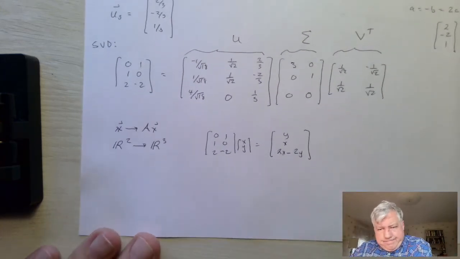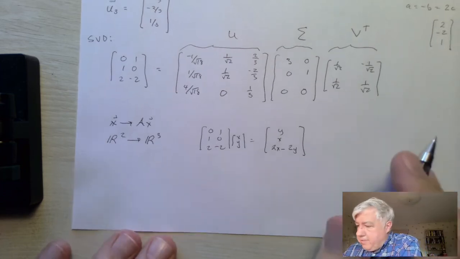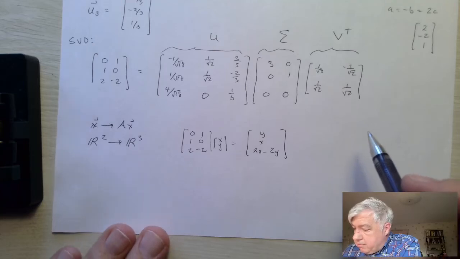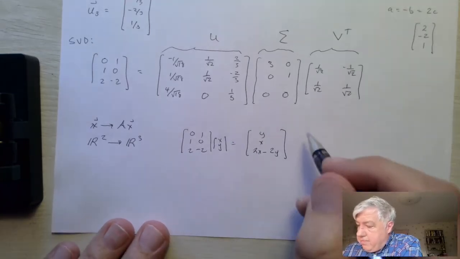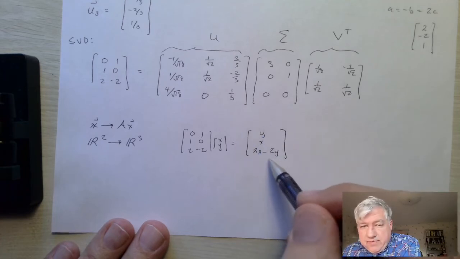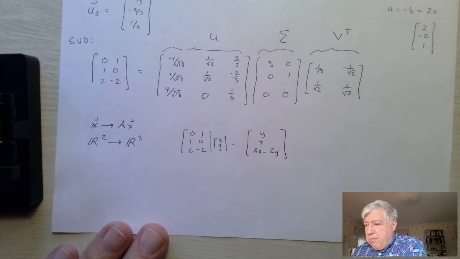All right. This is in R3, but these actual vectors in this form are really just going to be linear combinations of u1 and u2.